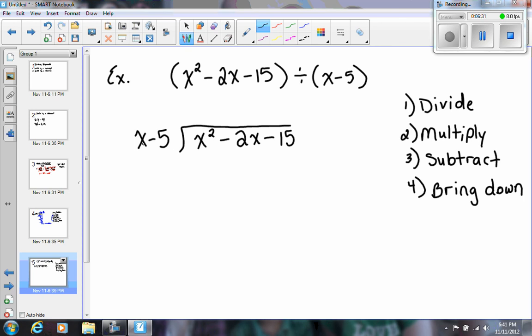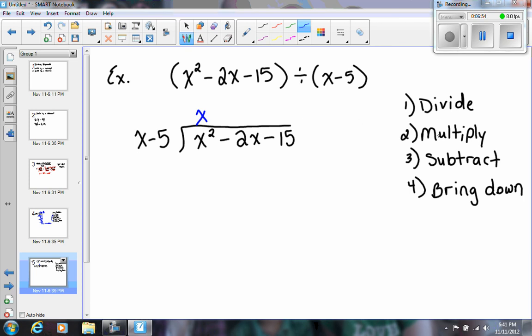So I asked myself, what do I multiply x by to get x squared? Well, you're going to multiply by x. So that was the first step. Now, usually I find it easier to ask myself, what do I multiply this x by to get x squared? I usually find that easier than asking how many times does x go into x squared.